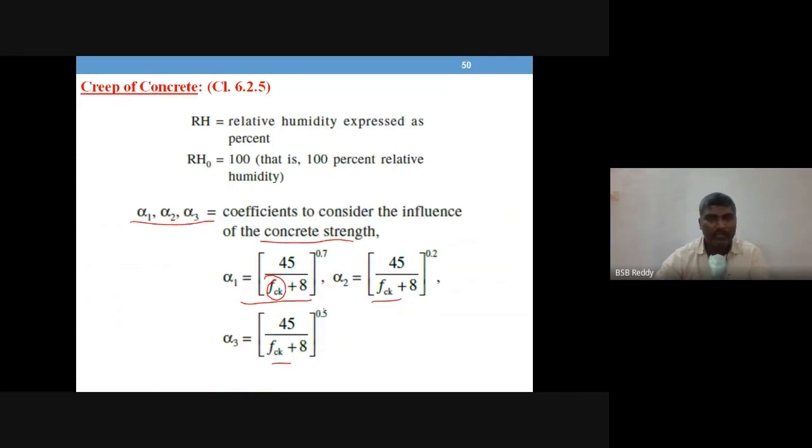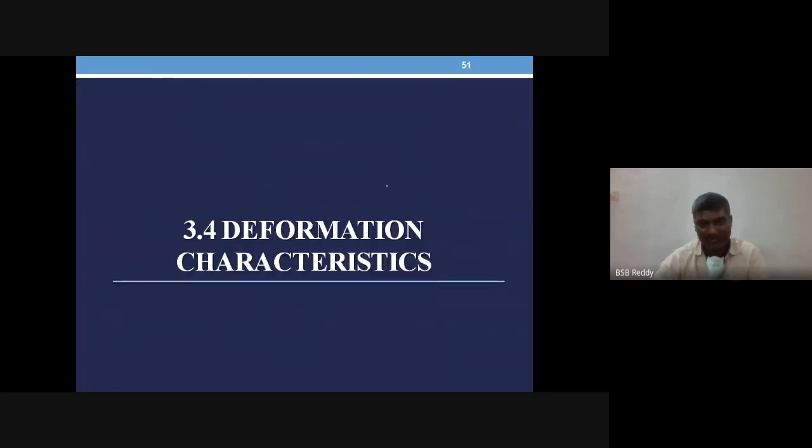So RH is the relative humidity at the time of estimation of phi, say 400 days; at such time, what relative humidity you have. And RH naught is always a reference value which we take as 100.